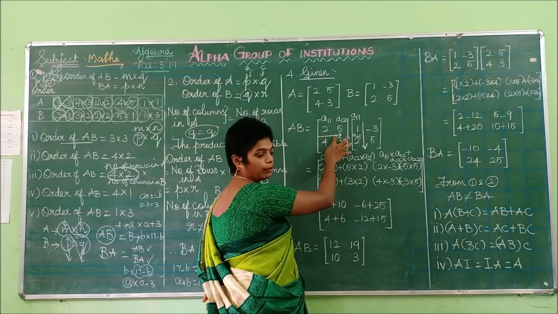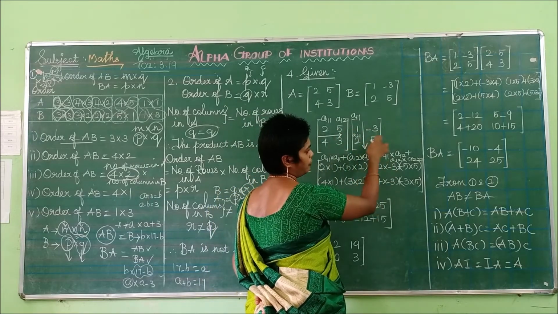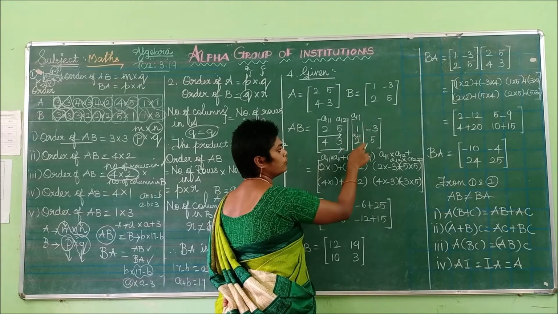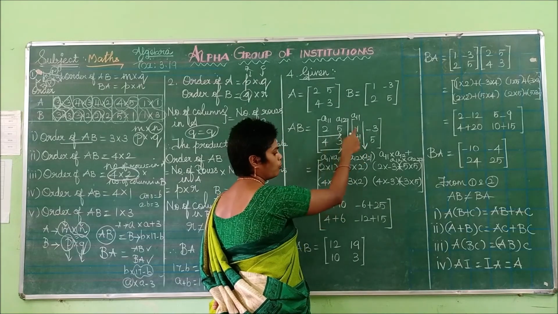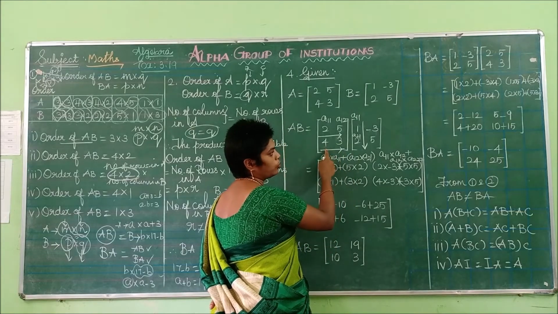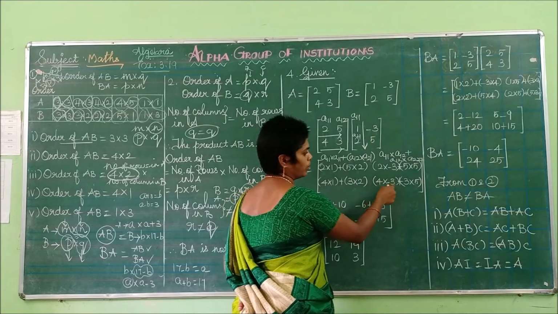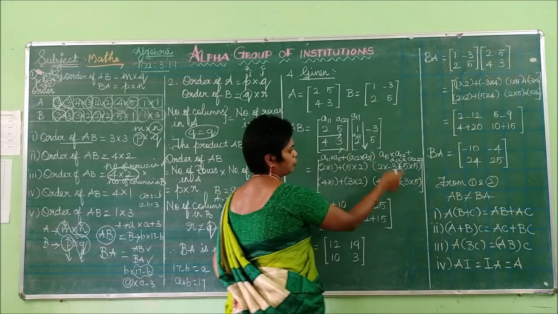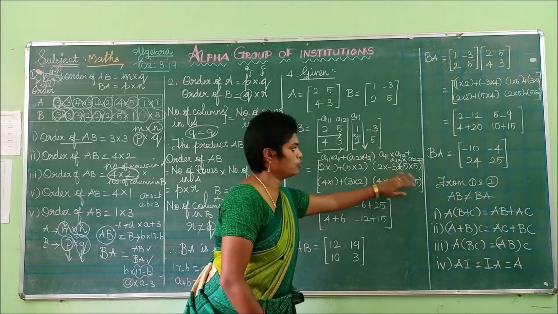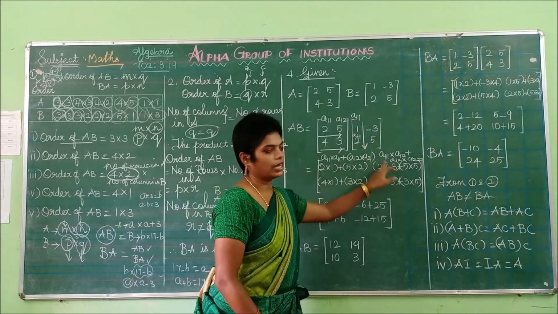Then take the same row and next column: 2 into minus 3 plus 5 into 5. Now take the second row into the first column: 4 into 1 plus 3 into 2. Then the second row with the second column: 4 into minus 3 plus 3 into 5. First row first column, first row second column, second row first column, second row second column.